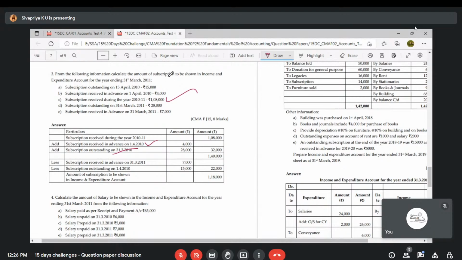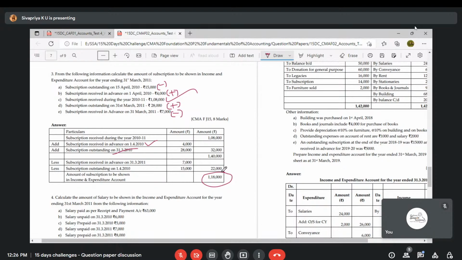Then the 15,000 which is outstanding on 15th April, and this 7,000 which is received in advance, both have to be deducted. You may already have the format of what to add and what to deduct in your class notes. So just add what has to be added and deduct this, and you will get the answer. 1,18,000 is the answer. And that has to be shown in the income and expenditure.